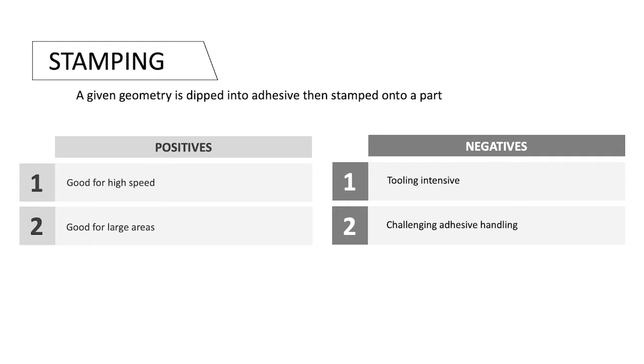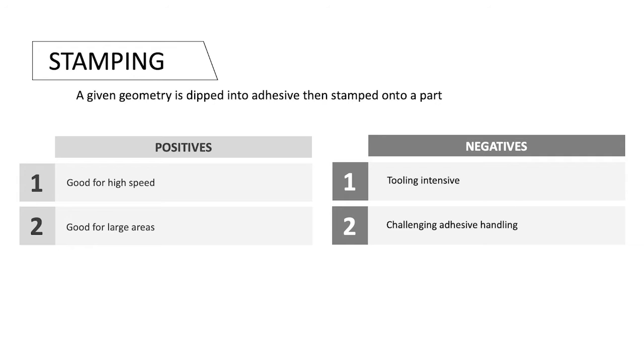This could be stamping a logo, the pattern for an RFID tag, or silver traces using silver ink, for example. The stamping process is high speed and can cover large areas, but similar to screen printing, is typically done on fairly flat substrates.